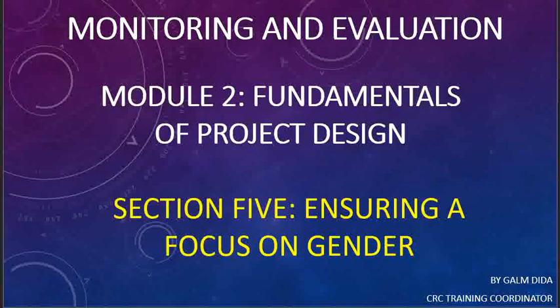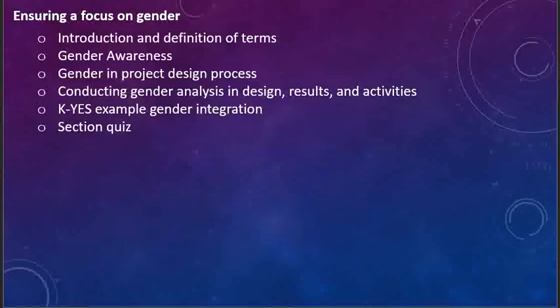All right, let's see what we expect in this section. We are going to define some terms, like what is gender, especially according to this course. We are going to look at gender awareness: how can a project be either gender aware or gender blind, and why is it so? We will also look at the levels of gender awareness.